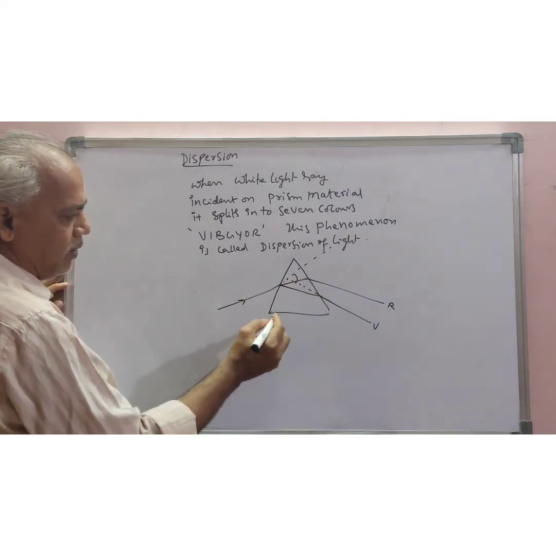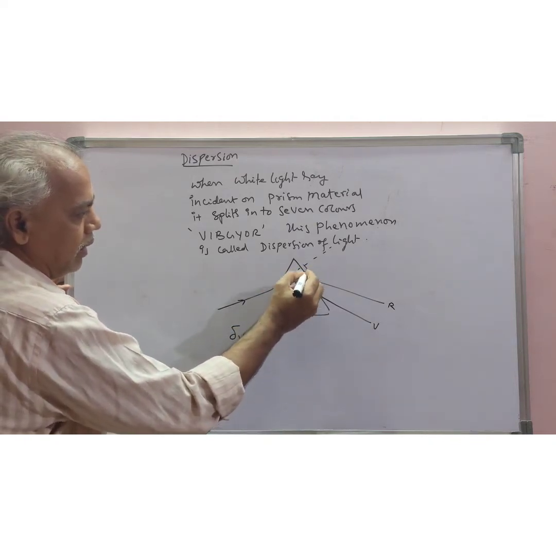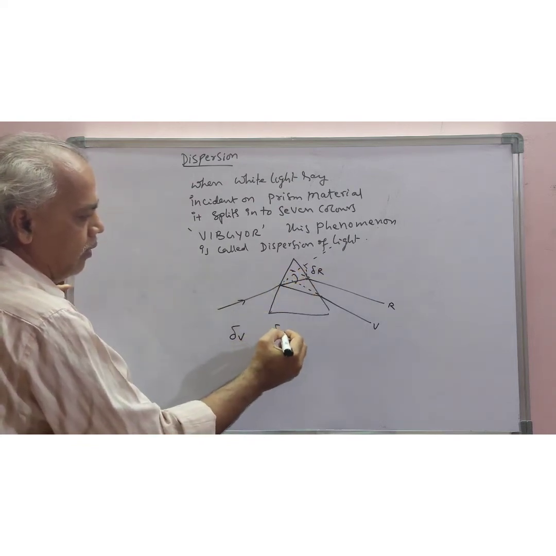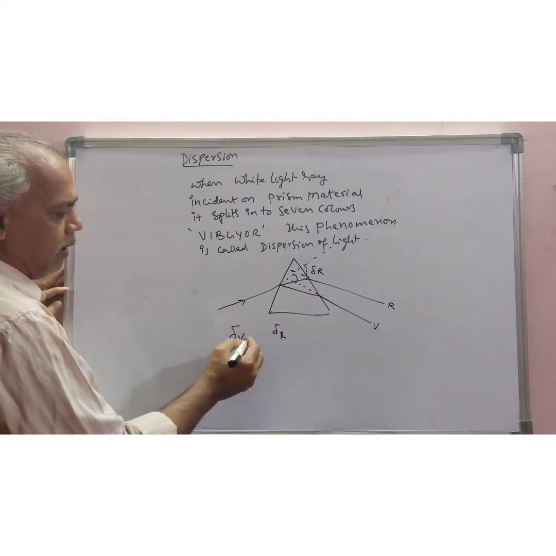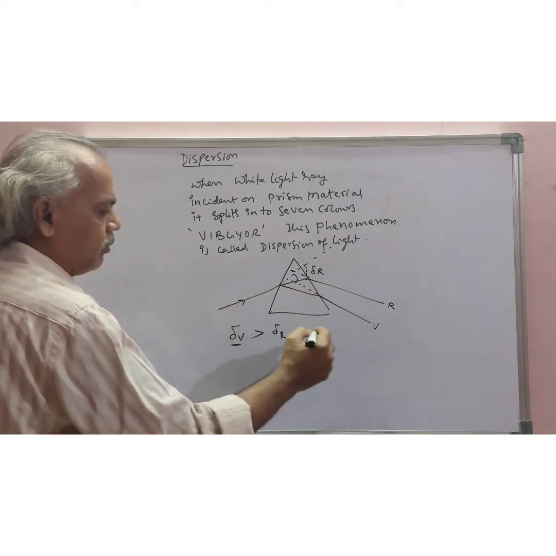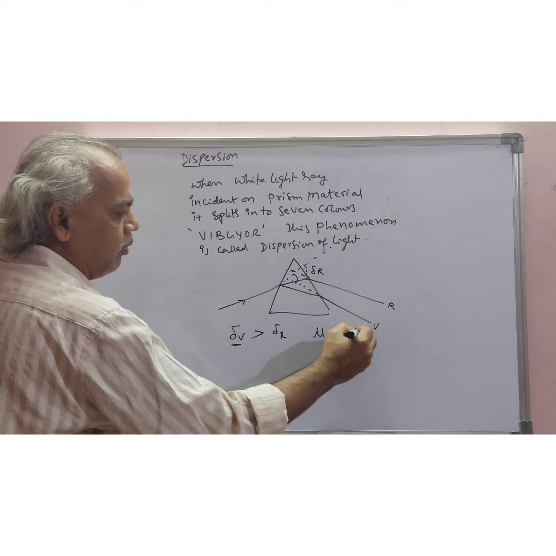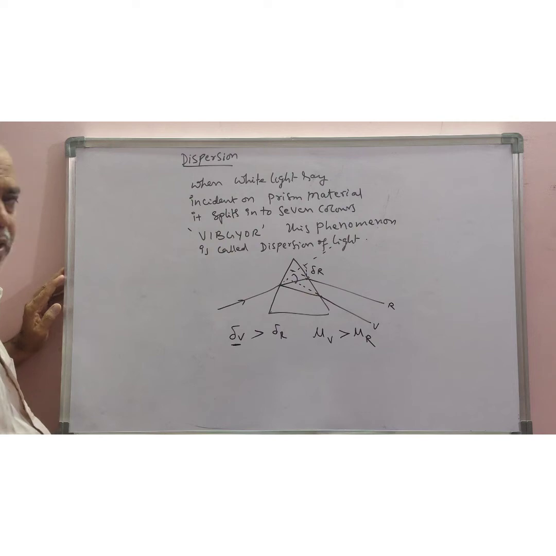The angle of deviation of violet color is δv, and for red color it is δr. The angle of deviation for violet color is more than for red color, because violet color has a larger refractive index, μv is greater than μr. Different physical quantities, such as focal length, also differ for different colors.